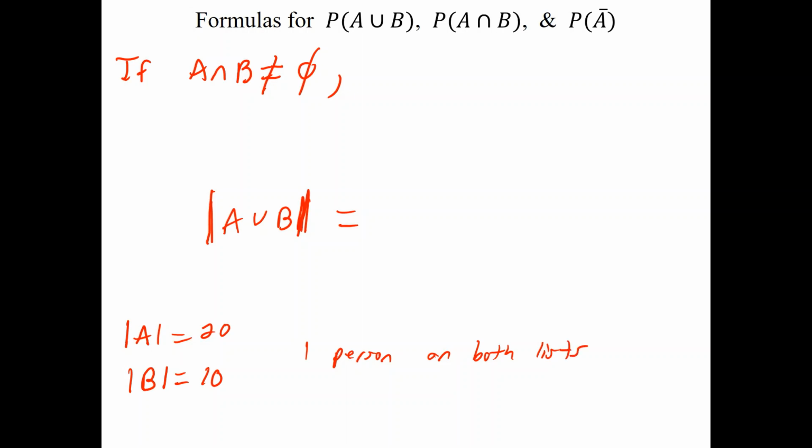Well, I'm sure you can figure that out really easily, and you can see that it's 29 people. One way of thinking about it, there's a lot of ways, but I want you to think about it this way, is you add the 20 and the 10, you get 30. So it's like you sent 30 invitations out, but there's one person who got 2 invitations. So if you count the invitations, you haven't counted the wedding list. It's kind of like you take the person who got 2 invitations and take 1 away.